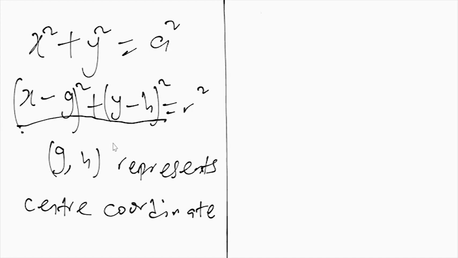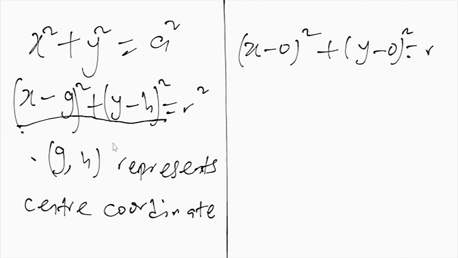Now if g and h are 0, meaning that the circle originates from the center, this expression becomes (x minus 0) all squared plus (y minus 0) all squared equals r squared. So this is for a circle that originates from the origin, that is from point 0. If we simplify this, we now have x squared plus y squared equals r squared.